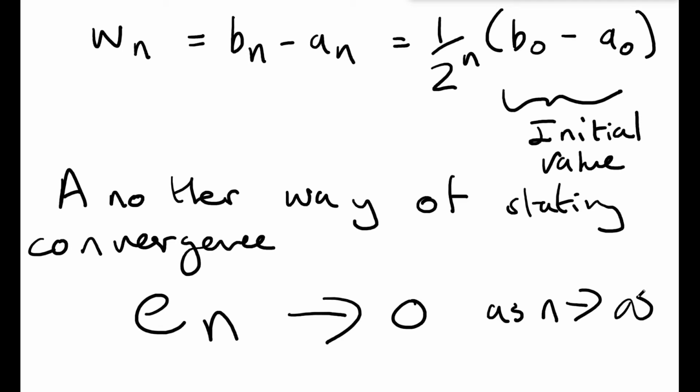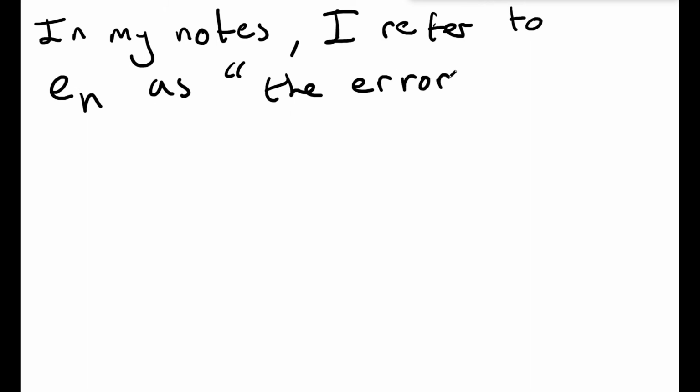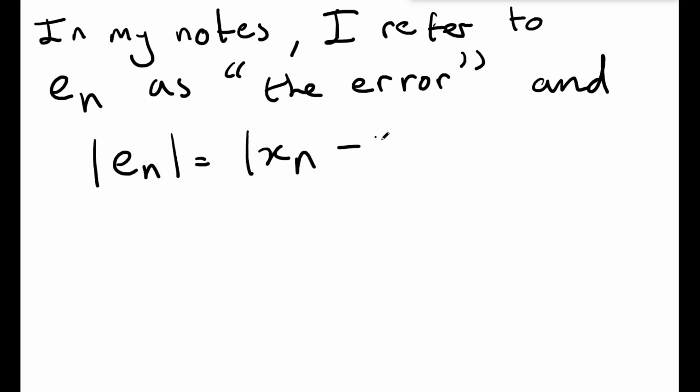So just a little bit more on the error that I just mentioned. In my lectures, I refer to E_n as the error, and this thing, the absolute value, as the absolute error.